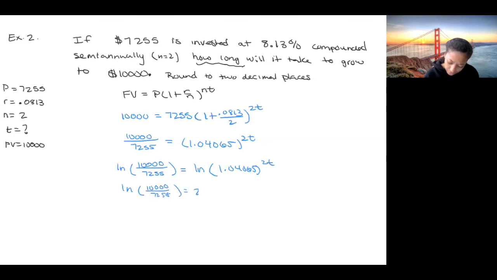On the right-hand side, we get 2t times ln of 1.04065. And then finally, t equals ln of 10,000 over 7,255 divided by 2 times ln of 1.04065. All right, let's see what that is.